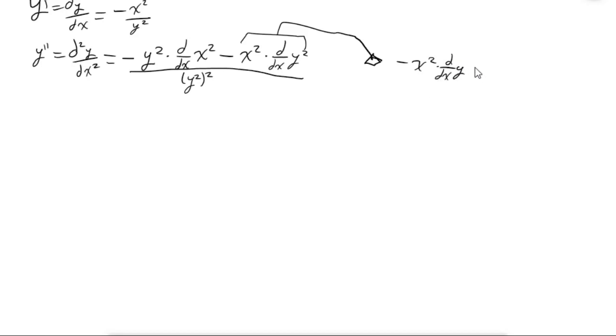That is the same as negative x squared multiplied by the derivative with respect to y of y squared, forgot my squared right there, multiplied by the derivative of y with respect to x. So that's going to give me negative x squared multiplied by 2y, since the derivative of y squared with respect to y is 2y, multiplied by dy/dx, or in other words, negative 2x squared y dy/dx. I'm out of space.